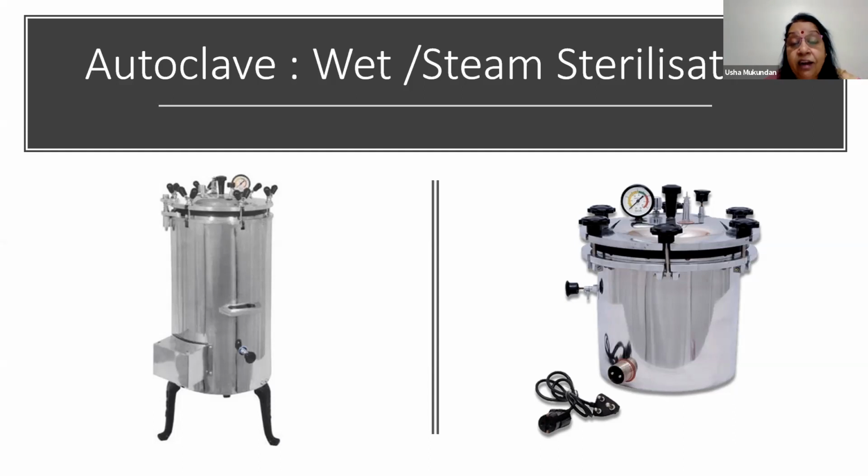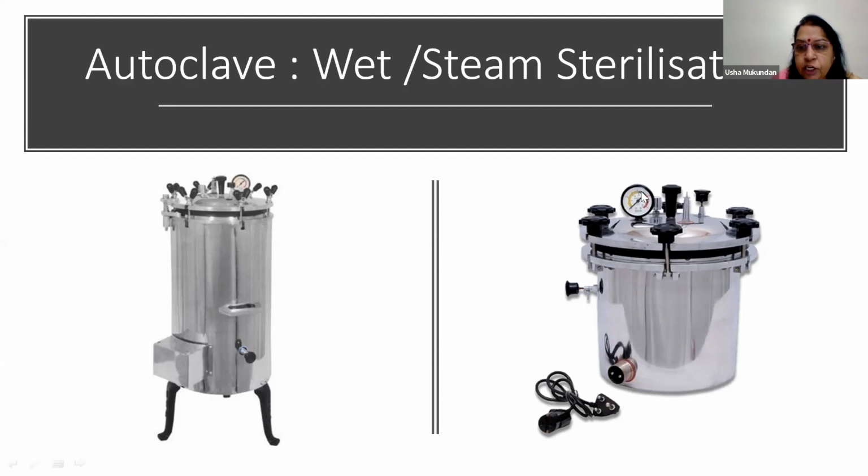Inside there is an electrical coil. Word of caution, you should never have an autoclave on without any water. It will burn the coil and the experiment is over. So it should be immersed in water, because the steam which is generated brings about the sterilization of material, disinfection or sterilization. All media is sterilized by using wet sterilization.